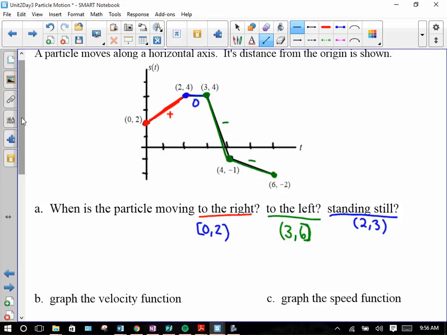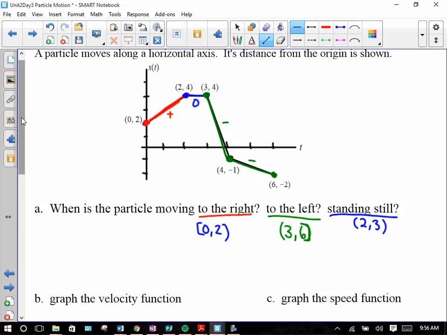In order to graph the velocity function, we need to know the derivative of the position function, the slope of each part. So, can we quickly find the slope?